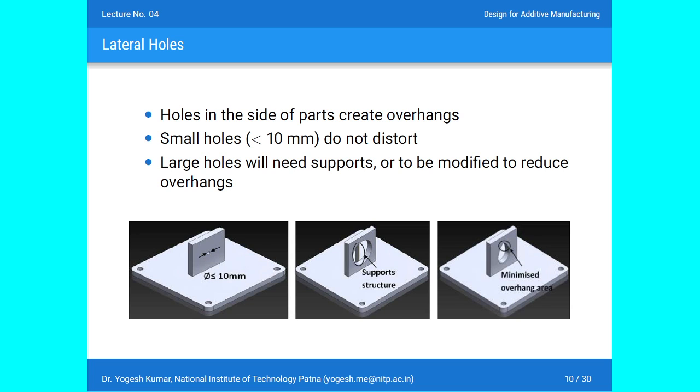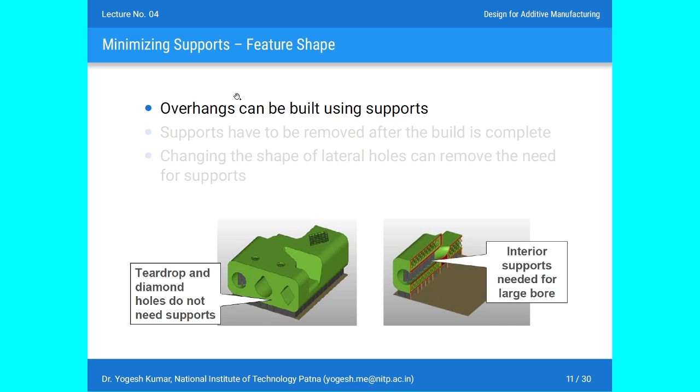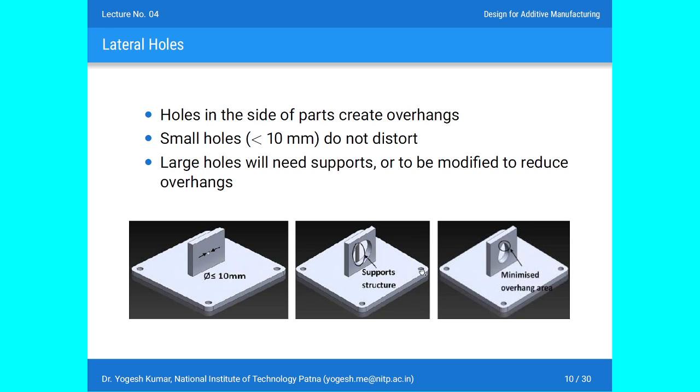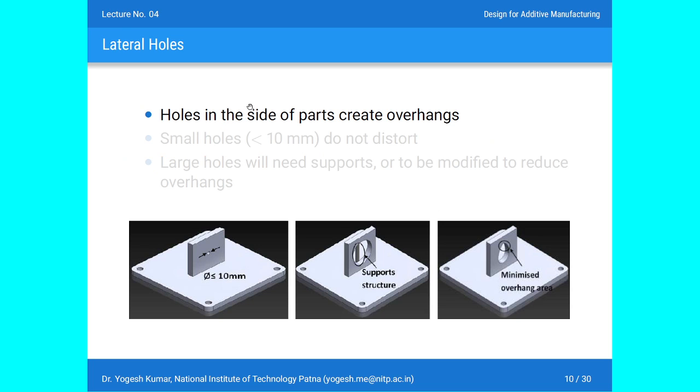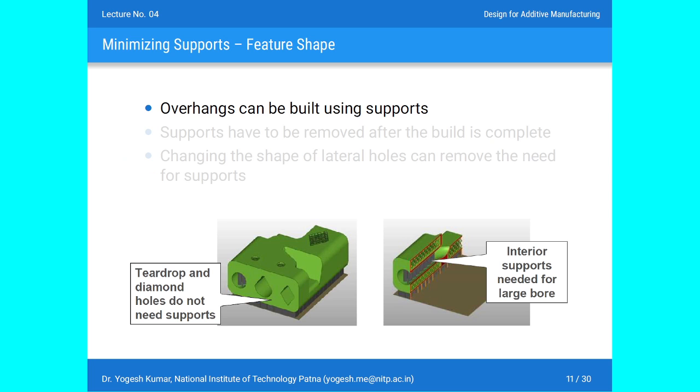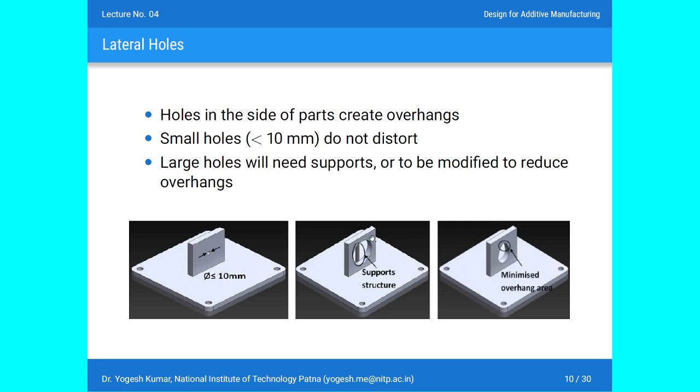I hope you are able to visualize the role of supports, or the issue because of overhanging in the case of the additive manufacturing process. Your support structure is also sometimes made of the same material, or in some cases another secondary material is used for providing support.